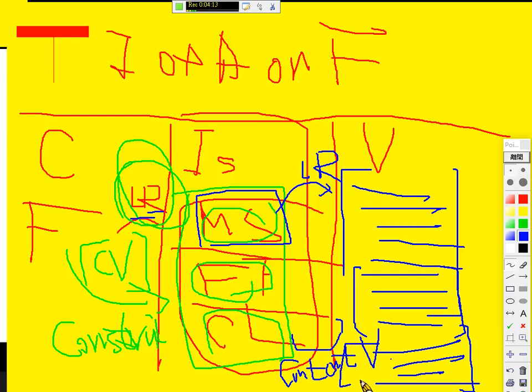Okay, Jalo. A concept is abstract, whereas variables are measurable. Measurability is the primary difference between a concept and a variable.